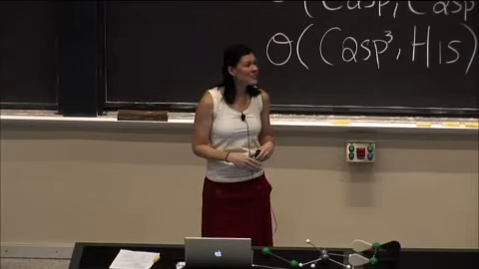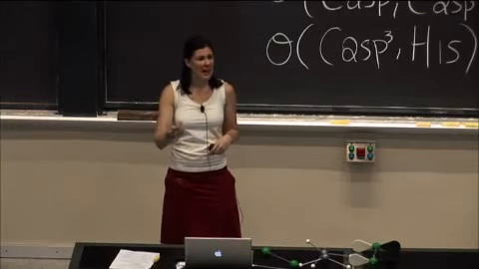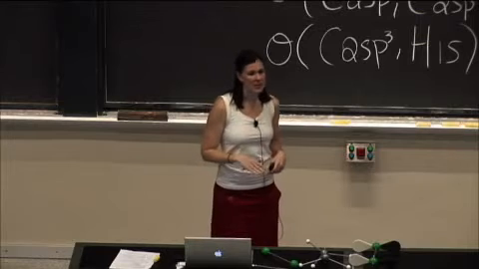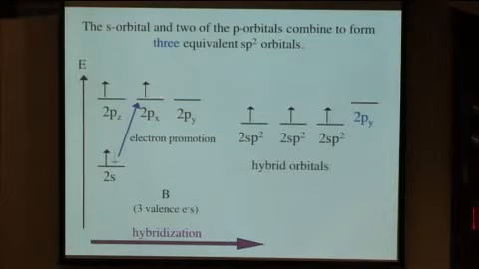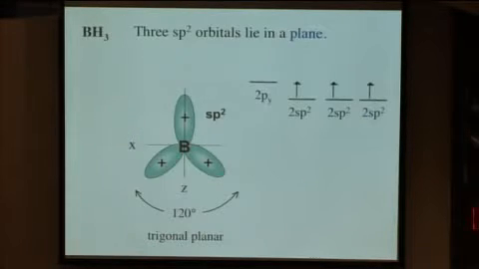So if we don't have to hybridize one of the p orbitals, we can actually end up with a lower energy situation, because now these sp2 orbitals are 1/3 s character and only 2/3 p character instead of 3/4. So we end up with 3 sp2 hybrid orbitals.